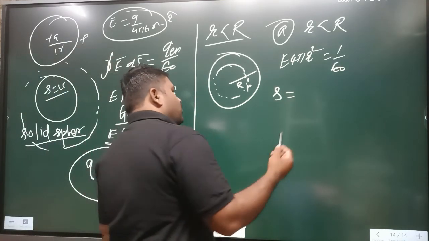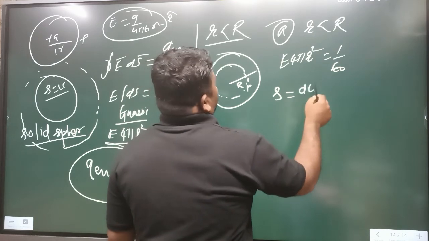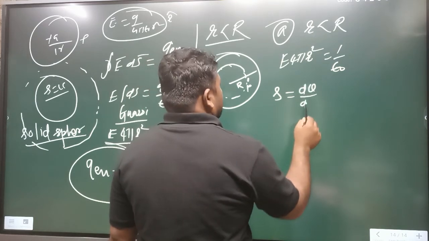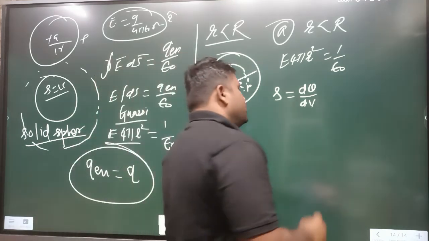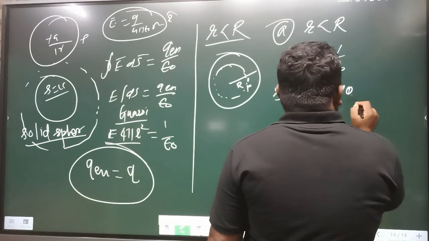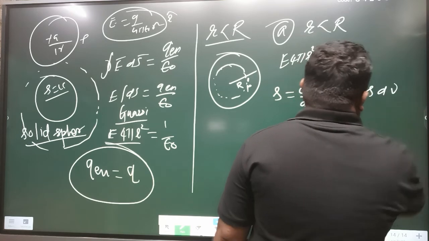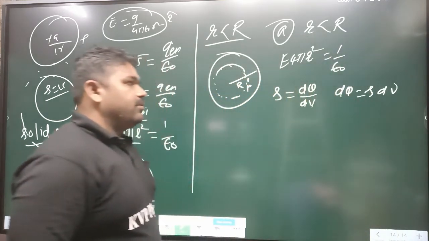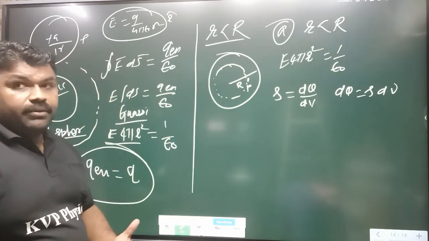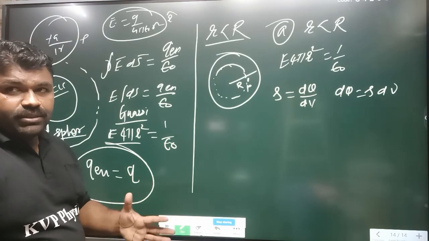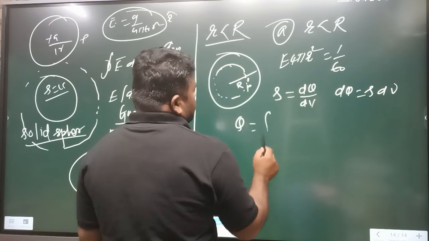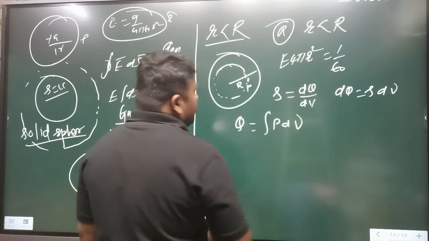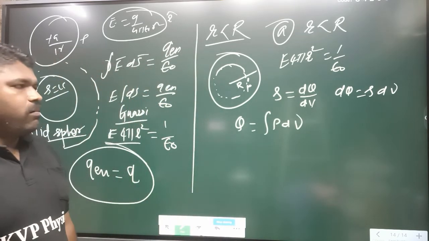Rho is equal to dq upon dV, because the system is 3D. Then dq is equal to rho dV. Volume is changing, rho also changing. Means Q is equal to the integration of rho dV.